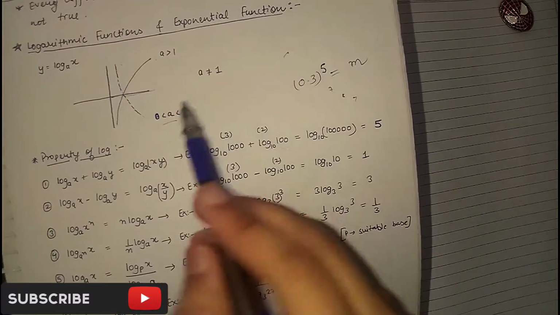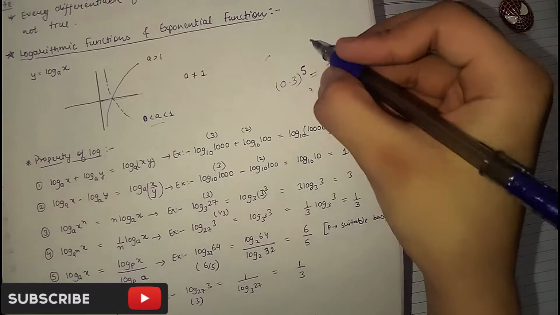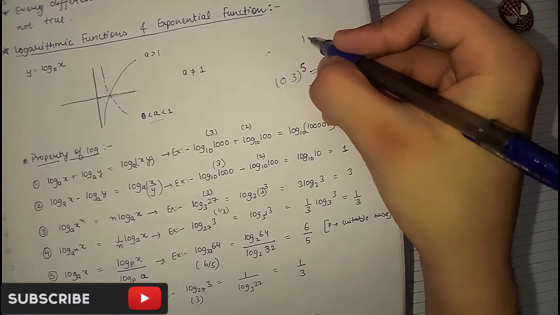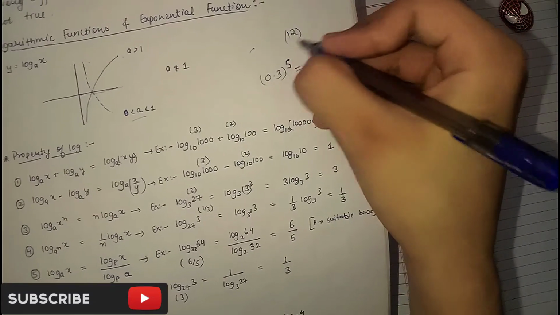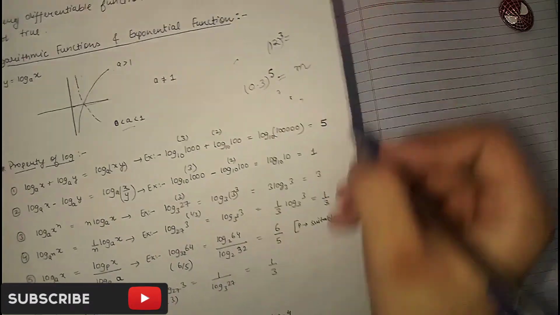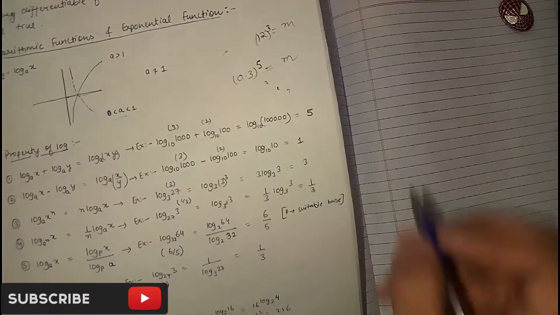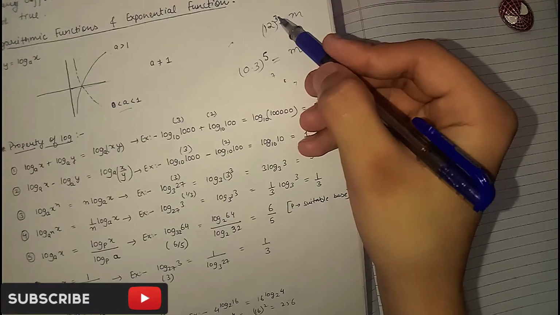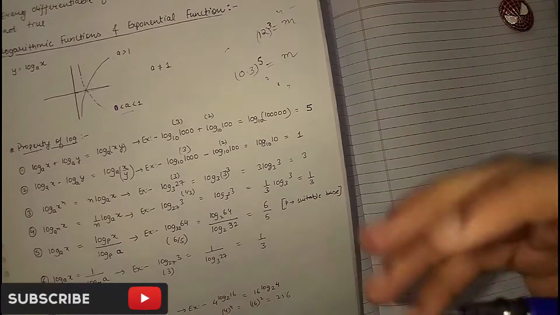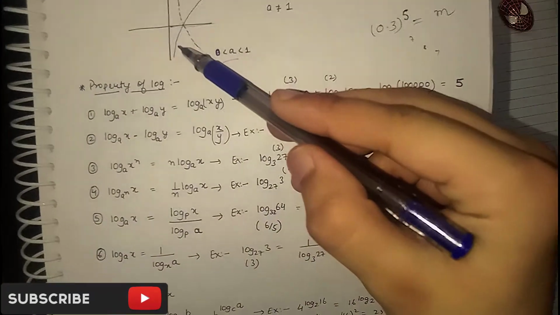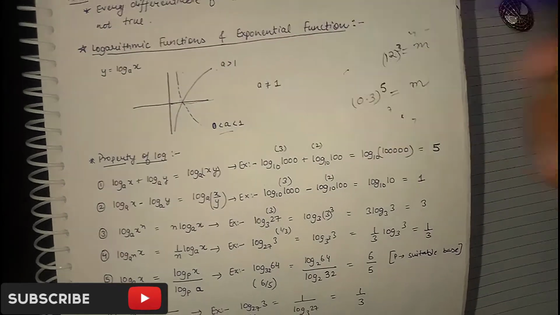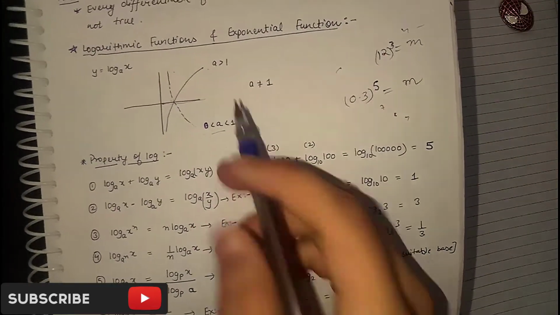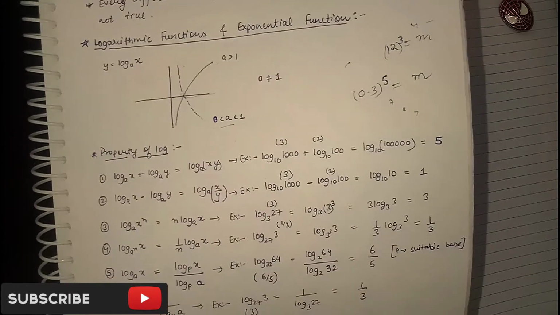But if my value of a is greater than 1, for example 12, and I raise it to power 3, the answer is say m. If I start increasing the power, say 3, 4, 5, 6, the answer will definitely increase. You can see by this graph that the graph is increasing, and it is decreasing for base between 0 and 1. So this is very important to understand the logarithmic graph.